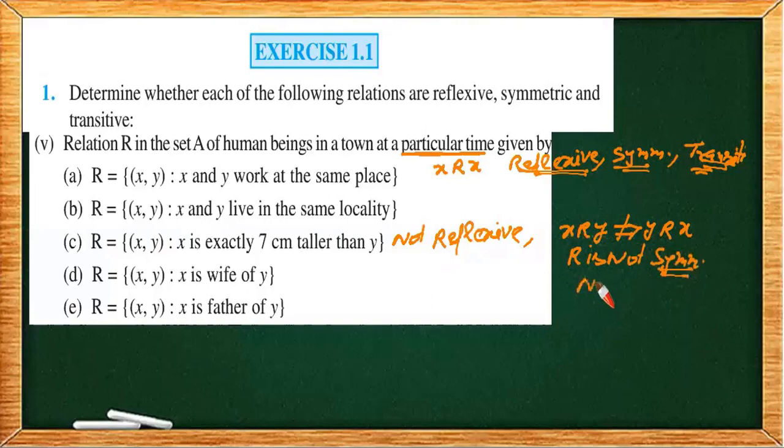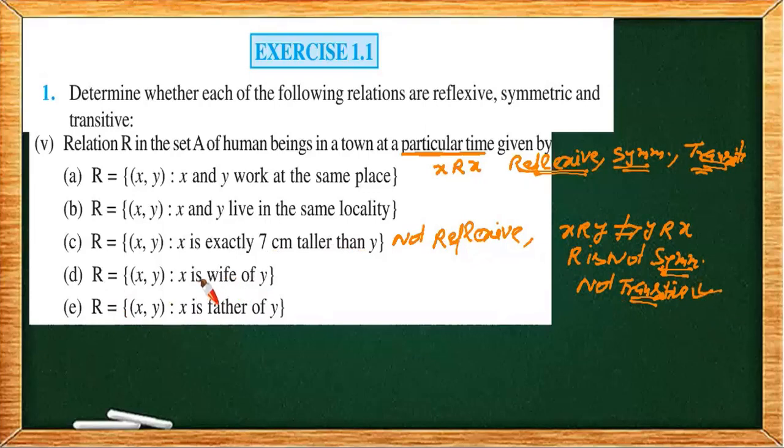Now this relation is also not transitive, as x is exactly 7 centimeter taller than y, and suppose y is 7 centimeter taller than z, then x will not be exactly 7 centimeter taller than z. So this relation is not transitive.